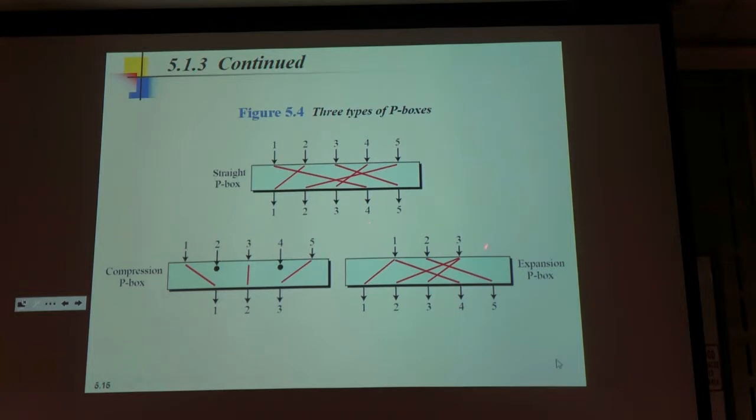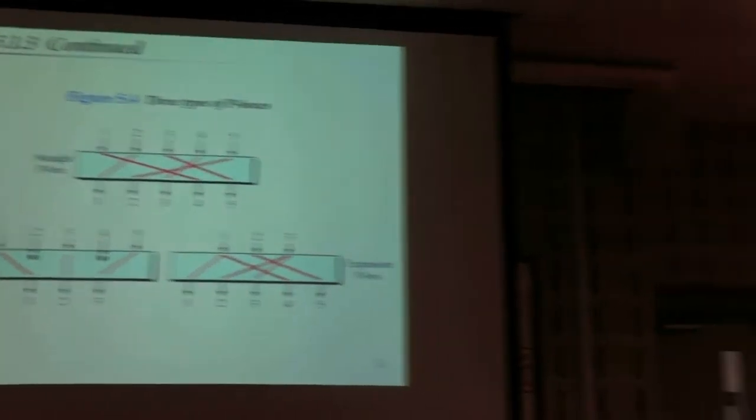Bottom line, we have 3 input pins, and how many output pins? 5. So we call this a straight P-box, this a compression P-box, and this an expansion P-box. We're going to see in the next chapter how we use all of these boxes.